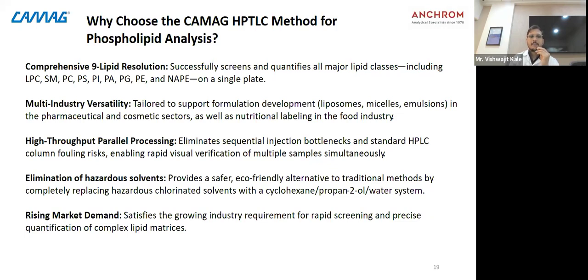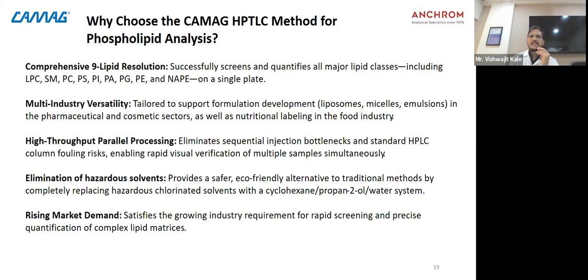It has high sample throughput, so simultaneously 9 different lipids that are impurities of phospholipids we can detect on a single plate for many samples together, and eliminate sequential injection bottlenecks, so reducing the time of analysis, eliminating hazardous solvents like chloroform, etc., and replacing them with greener solvents like cyclohexane.